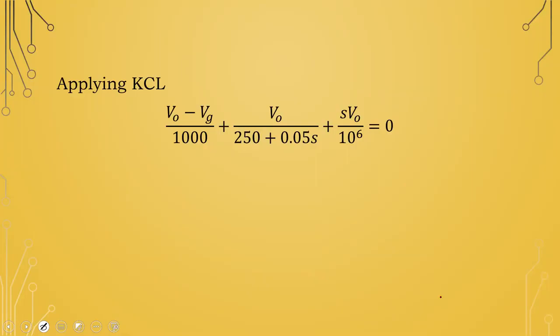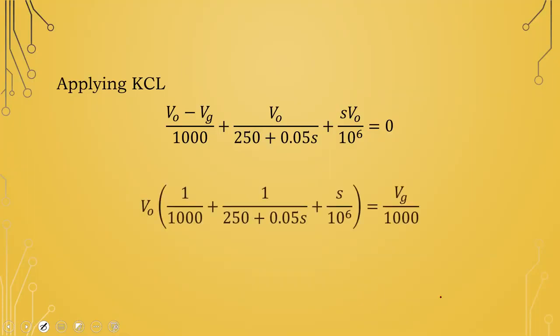And then we remember our objective is to get V0 over Vg. So I want to put all the V0s together and I want to have Vg by itself. And then we can just factorize. That's my objective. How you get there is up to you, but I'm going there using this.